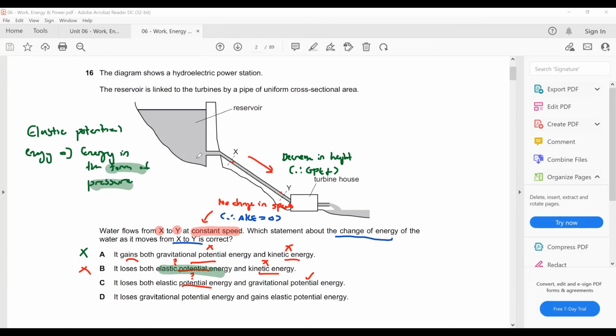Okay. To illustrate what I mean by that, if I give you a tube, this is just an example. What do I mean by energy contained by pressure?